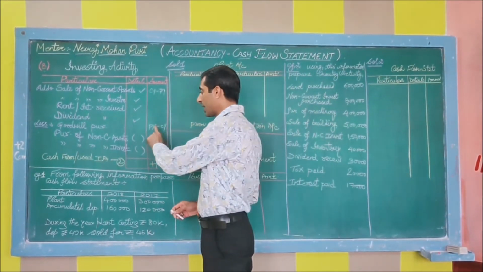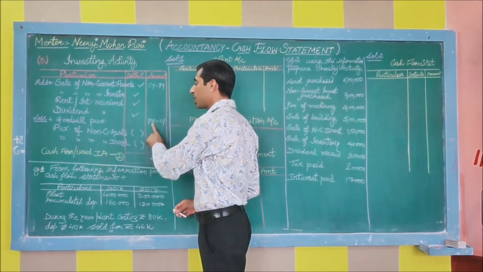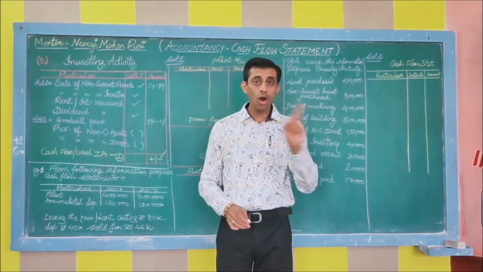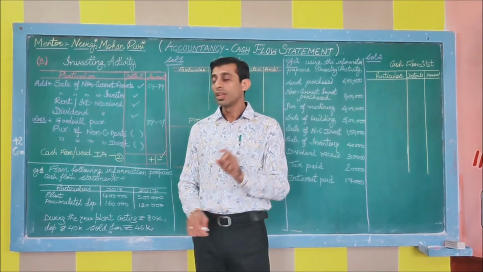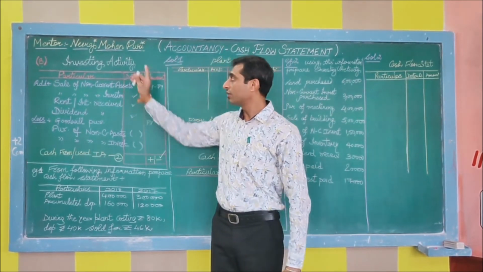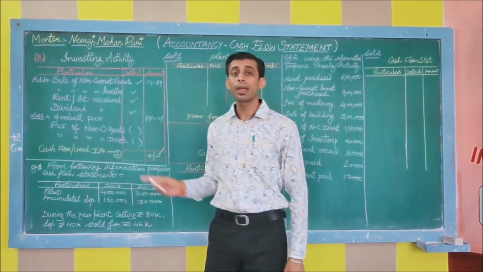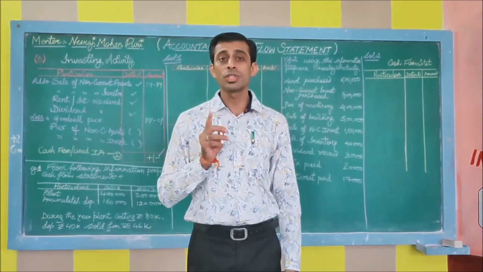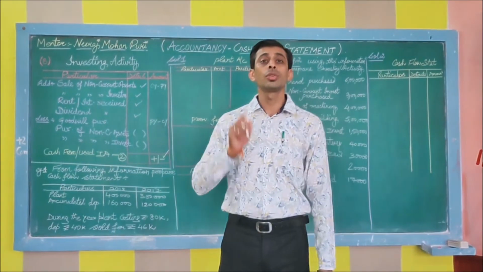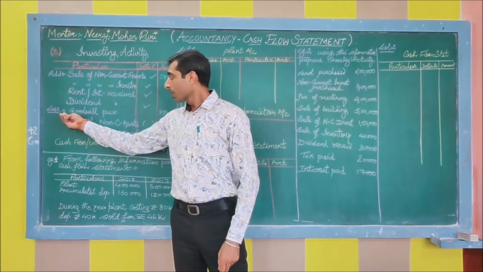Remember, I am again highlighting for this particular item goodwill, the formula is previous year minus current year, not current year minus previous year. If the answer comes negative, then it is shown in investing activity. If the same formula for goodwill gives a positive answer, then it is shown in operating activity. So keep this in mind.